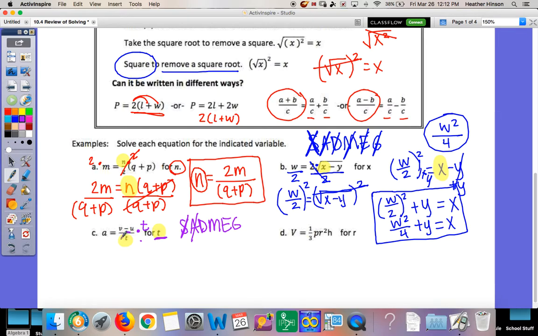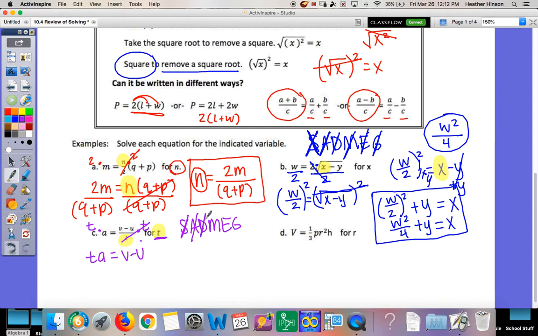You have to move it to get it out of the denominator. That's the only way to do this. In any other case, you would not touch that variable. But to get it out of the denominator of a fraction, you're going to have to multiply it out. So t times a is ta, and just bring down the rest.